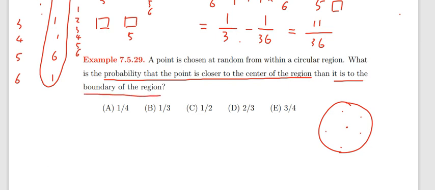So we just check where they are equal. Let's suppose this radius is 1. So this point is at half, right? This point's distance to the center and its distance to the boundary are the same.